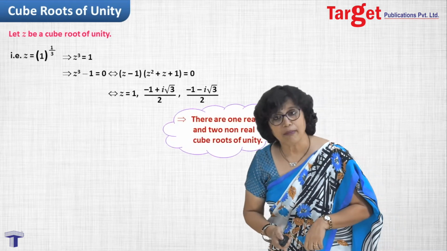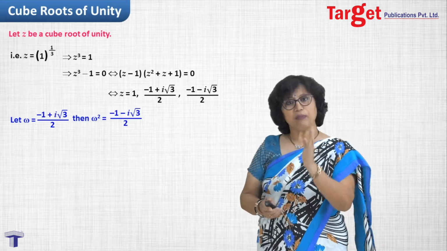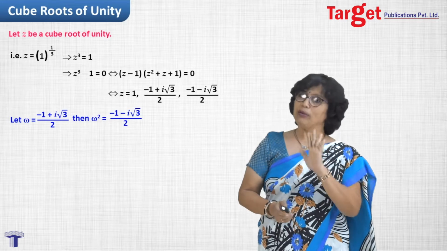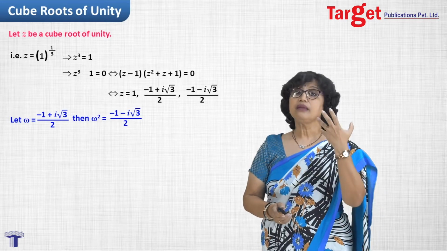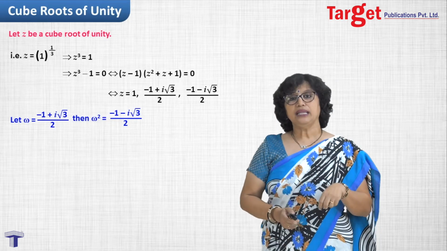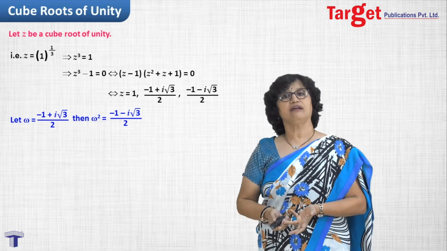Now, one of them is called omega, which is minus 1 plus i root 3 upon 2, and the other one I have deliberately written as omega square. And that omega square is minus 1 minus i root 3 upon 2. Now, you may think that I could have given some other name instead of omega square.